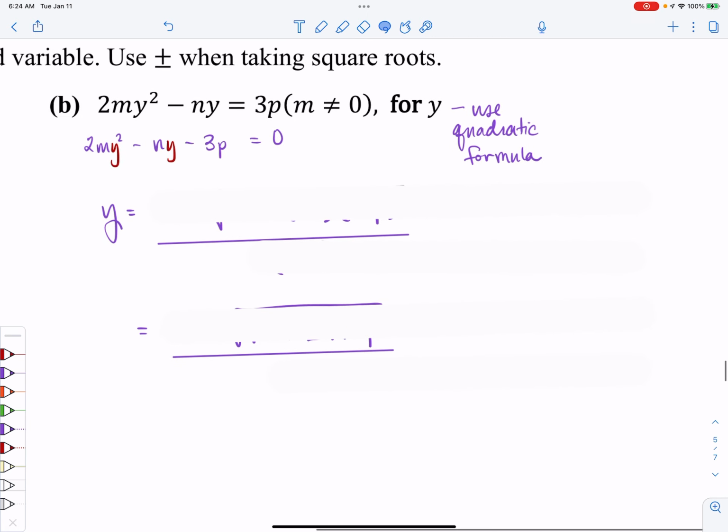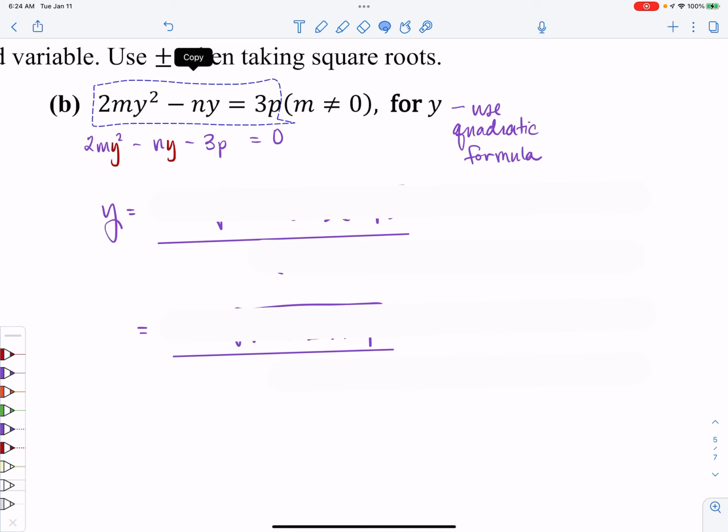For part B, what I am going to do here is use the quadratic formula. What you'll notice is that the very first thing that I did was rearrange so that it was in standard form. And y is my variable. I'm being asked to solve for y, so this is the variable. I put that in red so that you could see the difference.